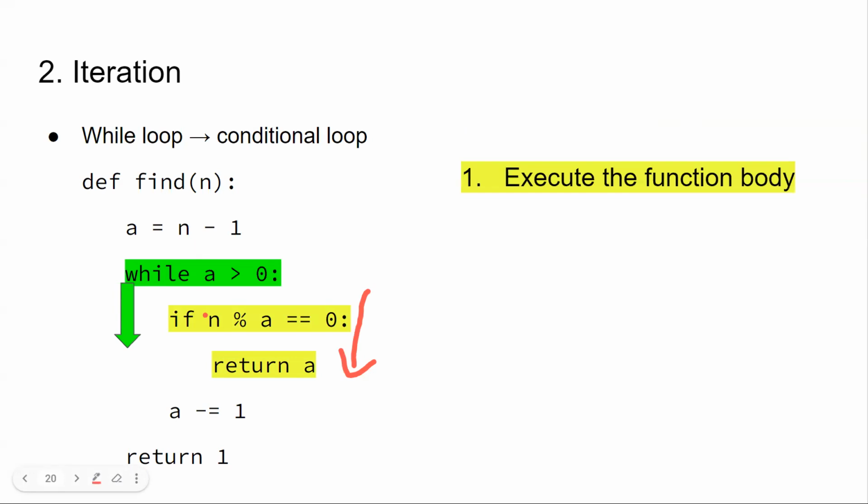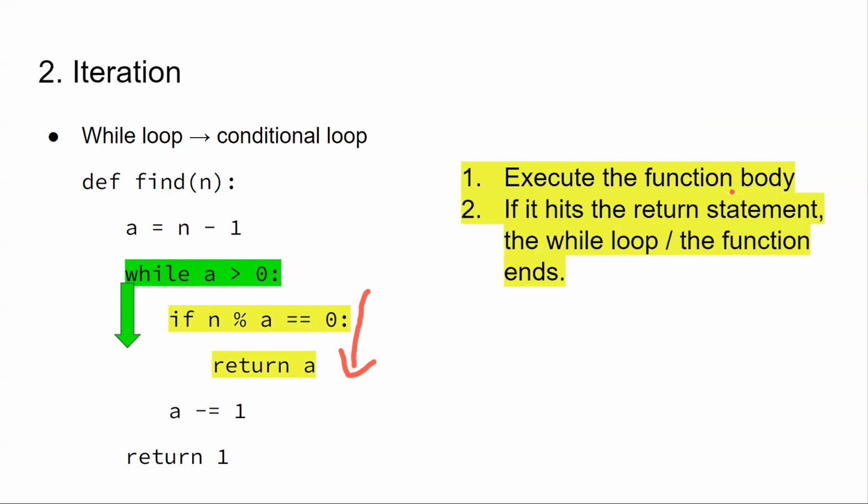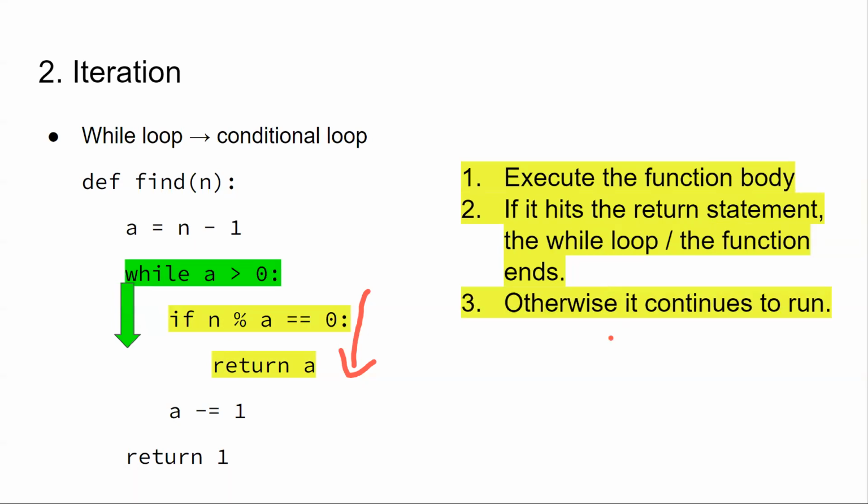If there's a return statement inside of the loop, you will return and end the loop, and also end the function execution. That's the only way you can end all the loops, including a for loop. So when you hit the return statement, it ends everything, the while loop and the function. If not, you continue to run.